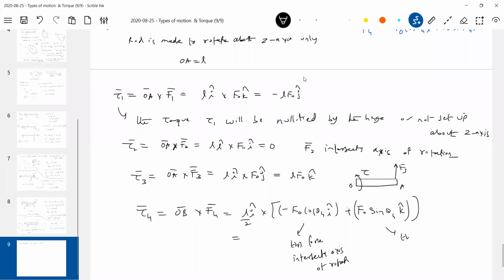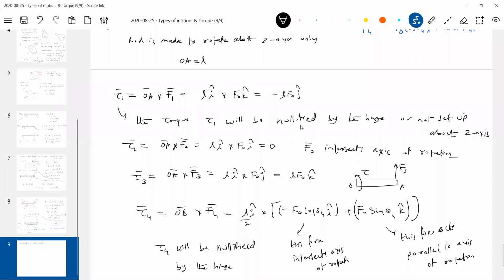What about this force? This force acts parallel to the axis of rotation. Okay, now shall we make some things clear? So altogether, sir, tau 4, what should you say? The torque tau 4 will be nullified by the hinge. Nullified means it does not have any effect.